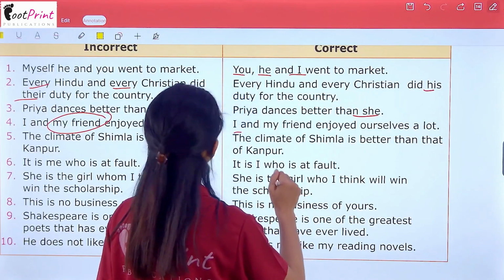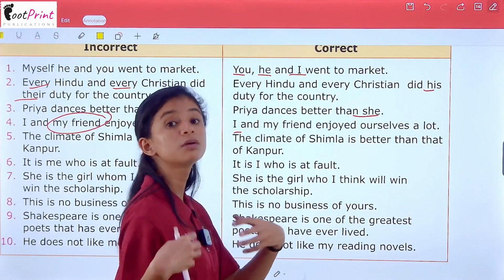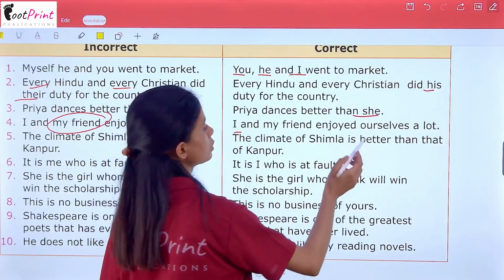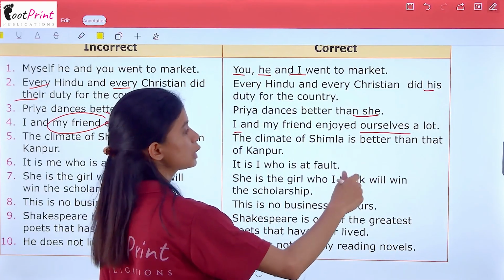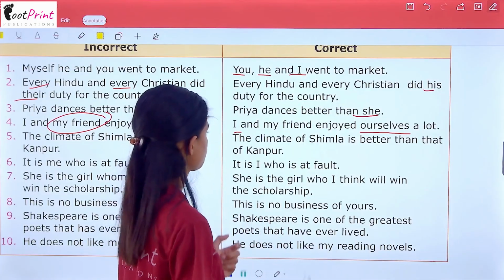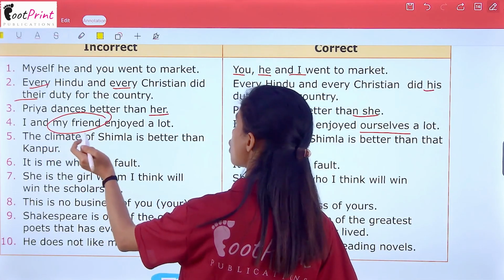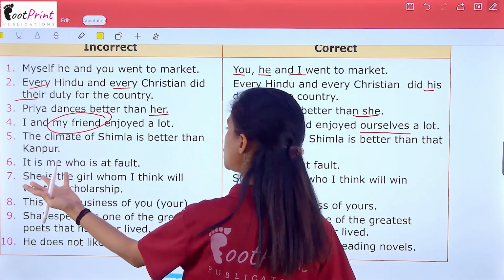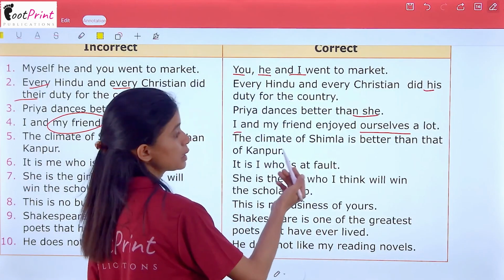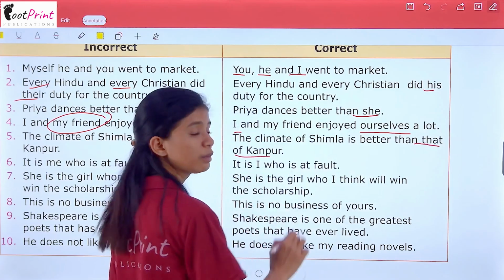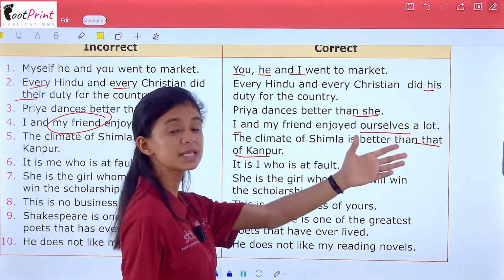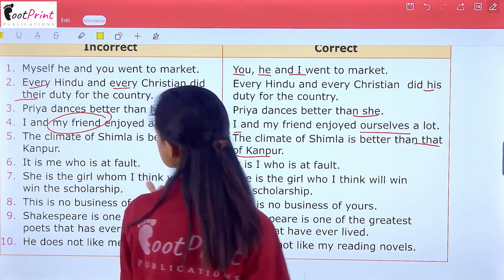Now, if we are using first person first, we will use reflexive case. I and my friend enjoyed ourselves a lot. The climate of Shimla is better than Kanpur. The climate of Shimla is better than that of Kanpur. When we are comparing, we will make the sentence like this and not like this.